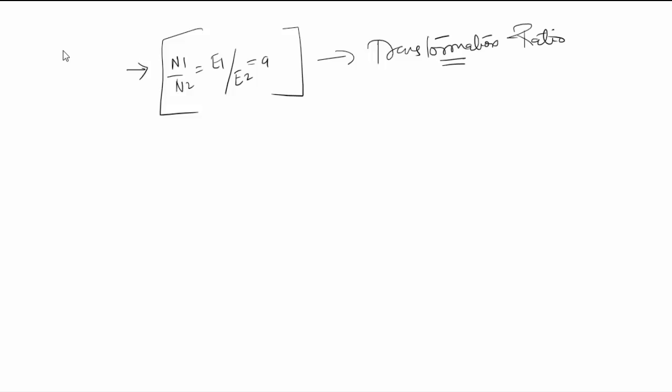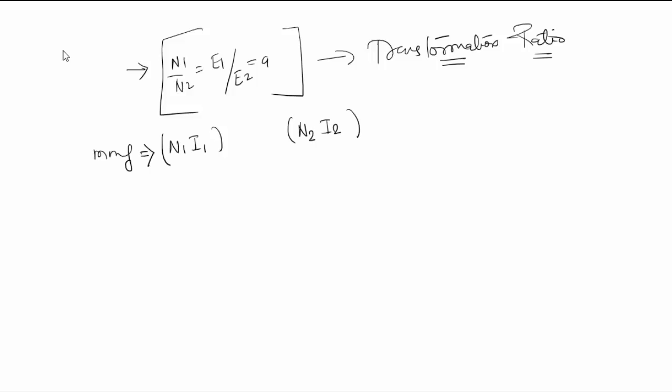So if my primary ampere turns, or the primary MMF, is equal to N1 I1, and I am connecting the secondary to a load, and the secondary current is I2, then the secondary MMF is N2 I2.